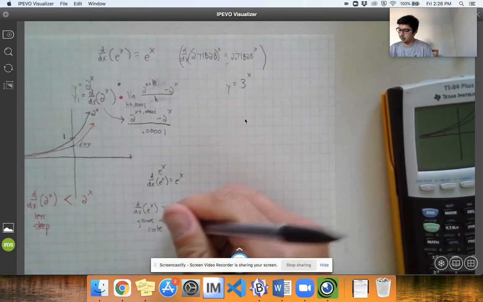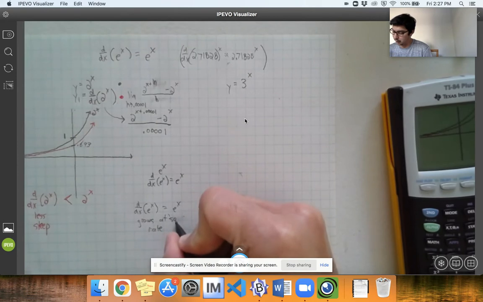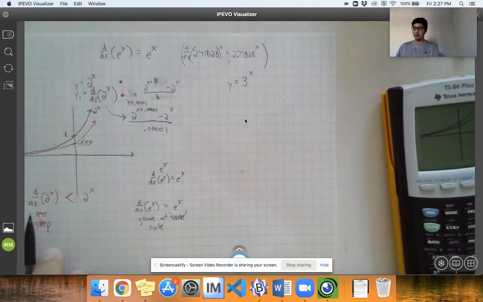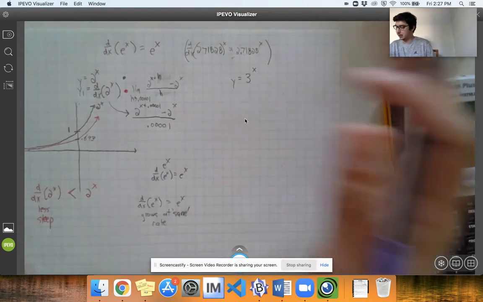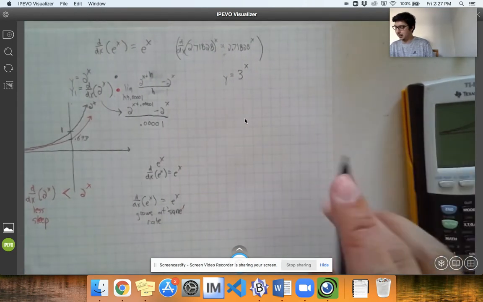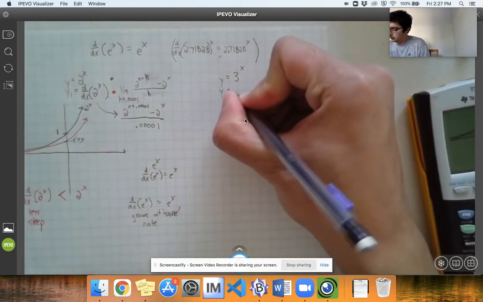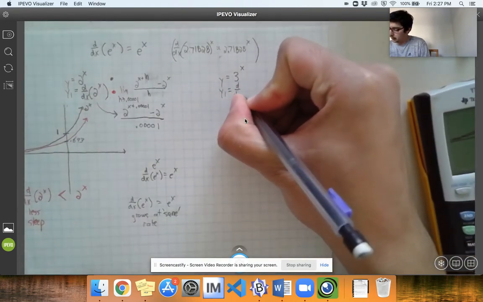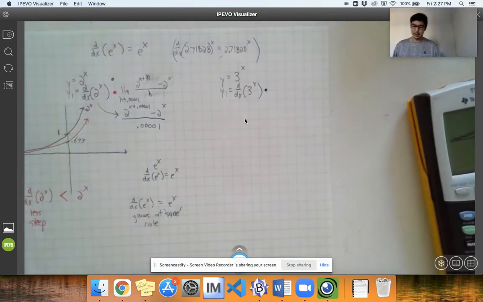Well, I don't want to use rate. We'll just use same for now, and I'll put it in quotations. Well, the derivative of 2 to the x grows at a less steep rate, grows at a slower rate, right, than the values of its function. Now let's do y equals 3 to the x, and then also graph the derivative of 3 to the x. And I'll do this one in green and explore what's happening.